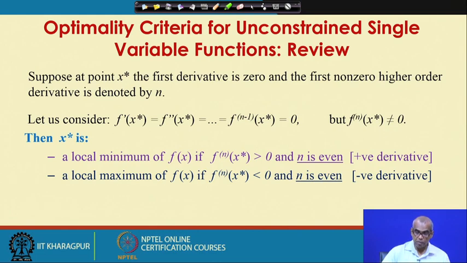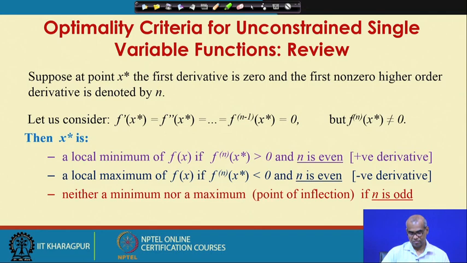A local maximum of f(x) at x equal to x star will happen if n is even and the nth derivative is negative. If n is odd, then neither a minimum nor a maximum occurs at x equal to x star. In that case, the point x star will be known as a point of inflection.